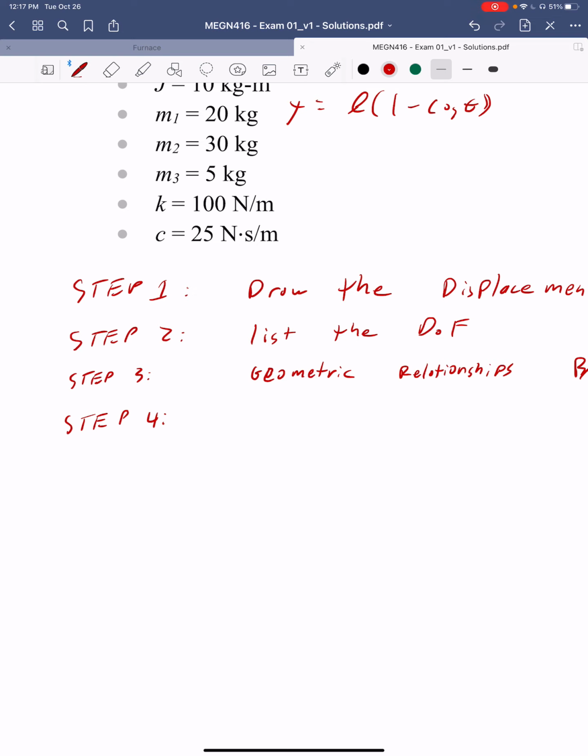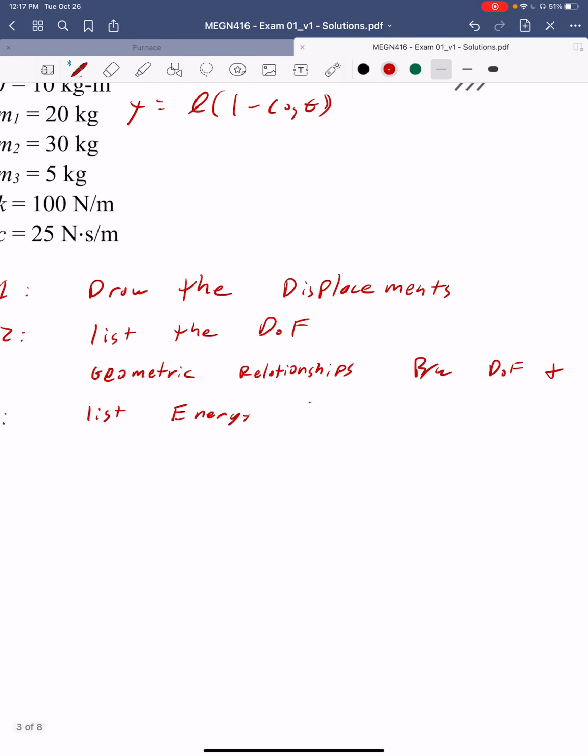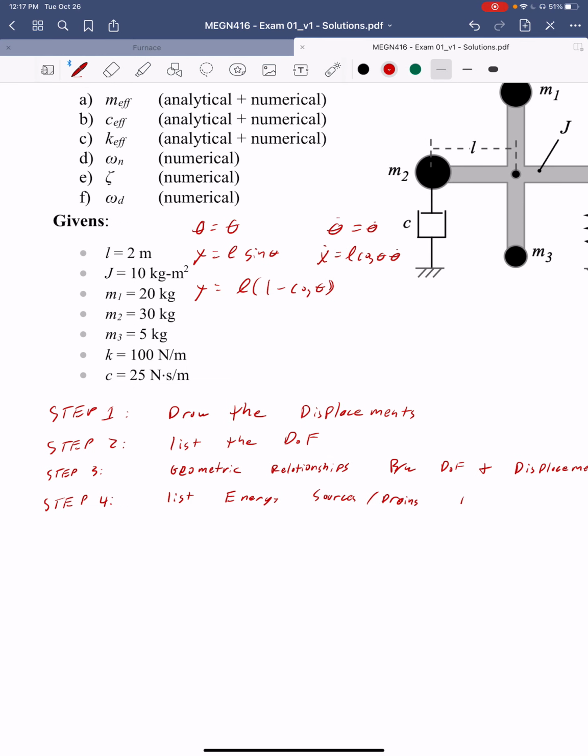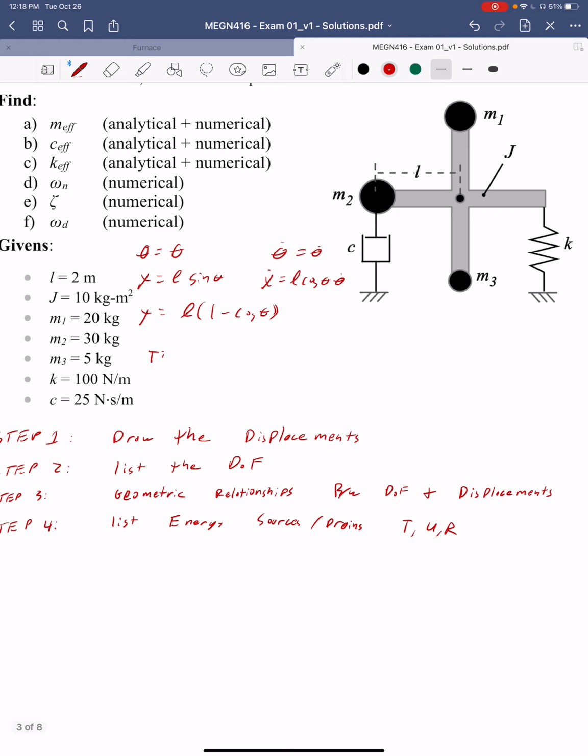In step 4, we are going to list the energy sources and sinks or drains. So, for example, that's kinetic energy, potential energy, and dissipative energy. For our kinetic energy for this problem, we can see that we've got J, M1, M2, and M3.